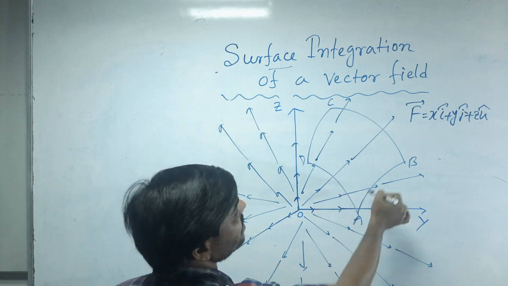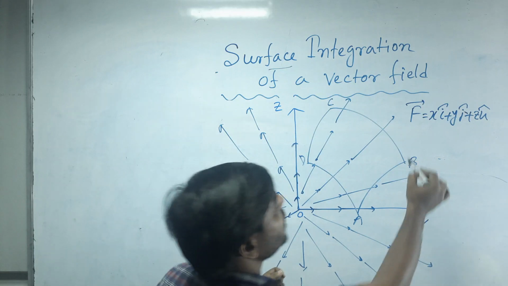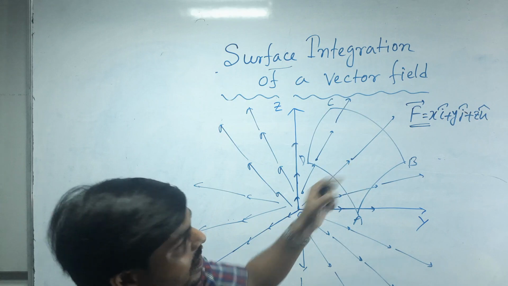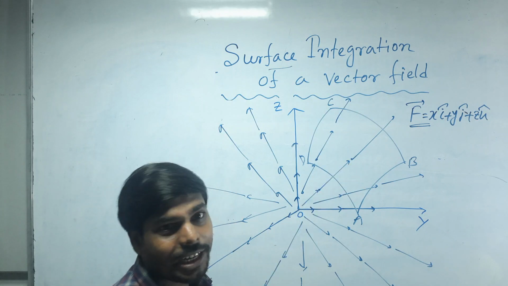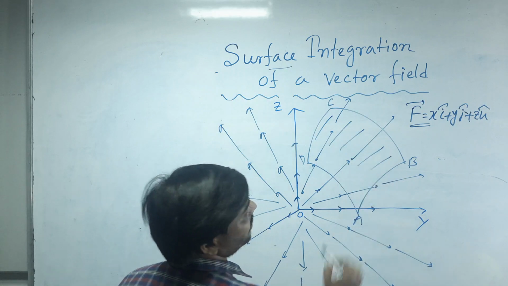This is obviously a two-sided surface. What is the surface integration of this vector field? We want to know that. Physically it means the net flux through this surface.